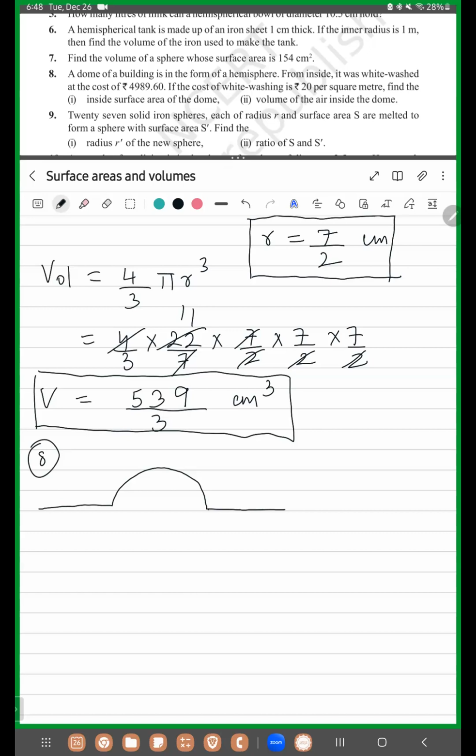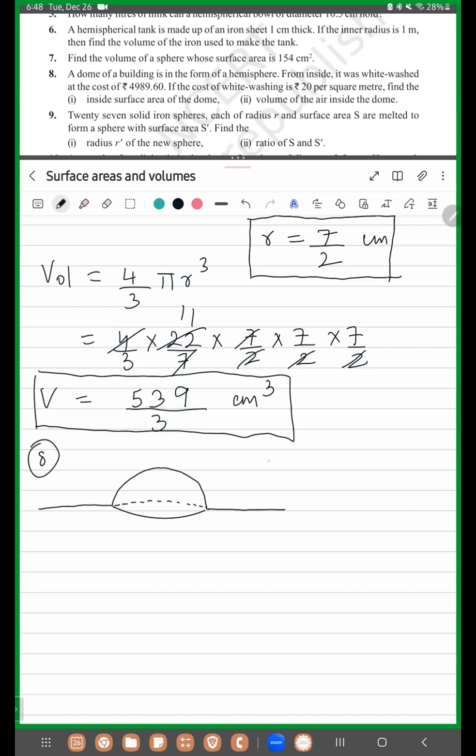From inside, so it is a hemisphere, right? From inside, it was whitewashed at the cost of.